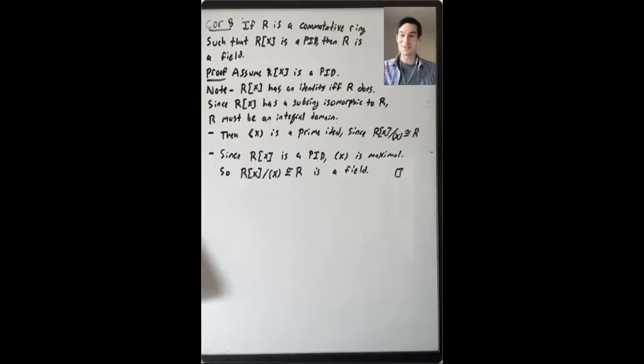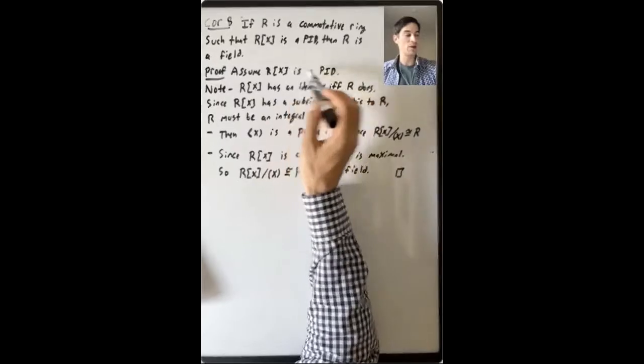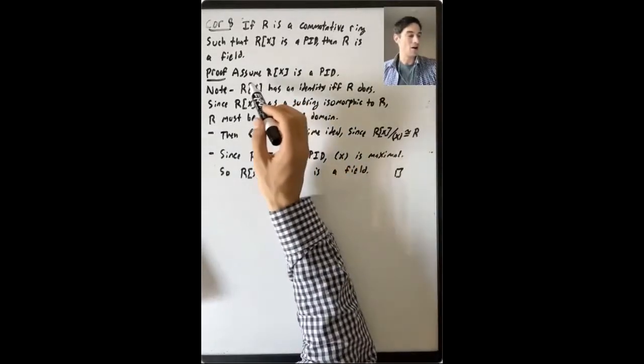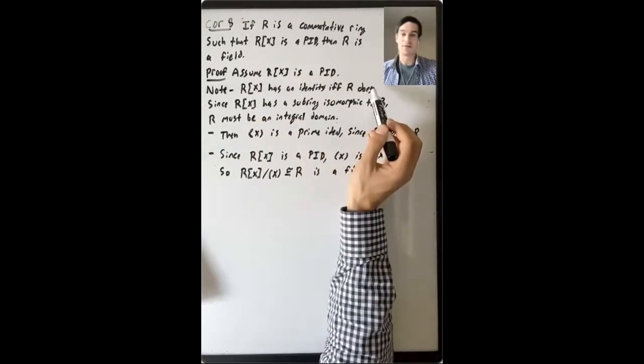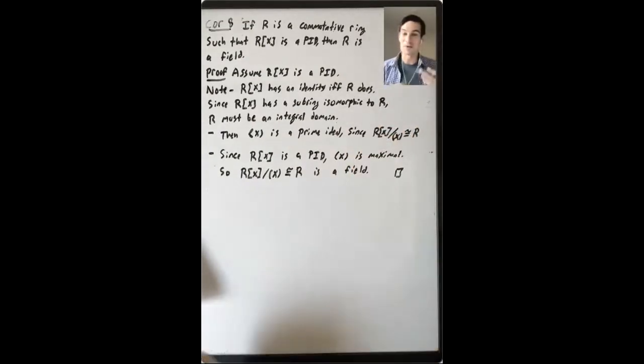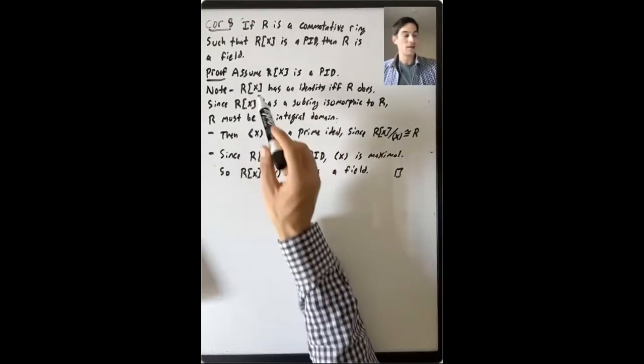Let's prove this result, that if R is a commutative ring such that R[x] is a PID, then R must be a field. So let's suppose that R[x] is a PID. Well, note, R[x] has an identity if and only if R does. That's something that came up when we first were discussing polynomial rings in section 7.2. And what else?